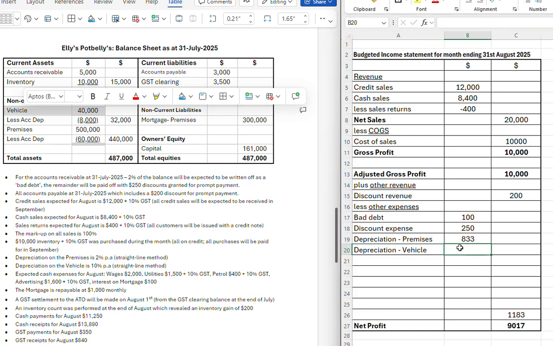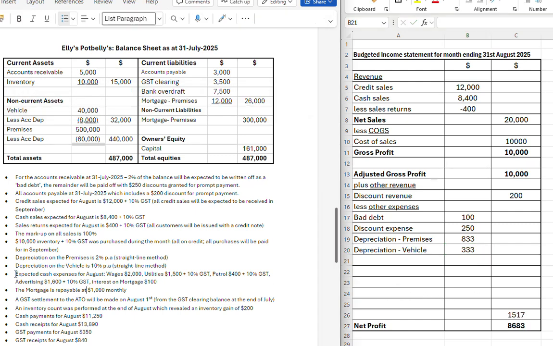So same formula as before, equals, open bracket, 40K times by 0.1, it's 10% straight line, will give us a full year's depreciation, and then we divide by 12 to work out the 1 month that we're going to allocate. 333.